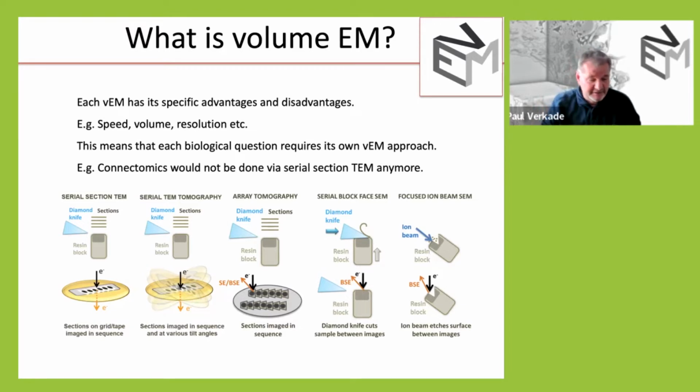So I've highlighted the connectomics of the worm, C. elegans. They've done that with serial section TEM. Nowadays, we would not do that anymore. And I'll try to explain why we would not do that nowadays.